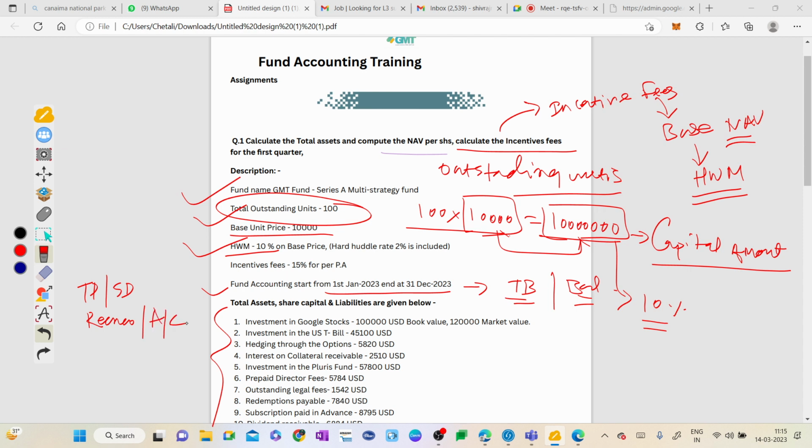The next assignment would be the same data, where you need to prepare the accounting entries for each and every transaction. Instead of calculation, I would ask for accounting entries. You might see a slight change in these amounts or some points, but the next assignment would be on a similar line, with regard to the accounting entries. Okay, so let's start to compute.